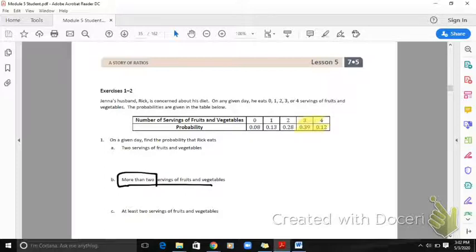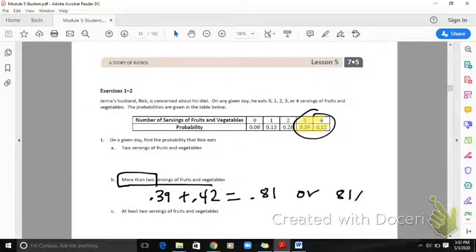So the probability of him eating more than 2, you would have to add these 2 probabilities together. So you do 0.39 is the probability that he eats 3 servings, plus 0.42 is the probability that he eats 4 servings. You add that up together, you get 0.81 or 81%.